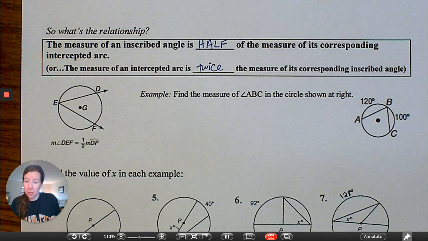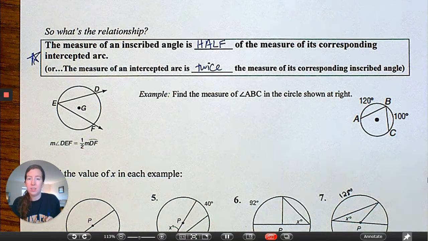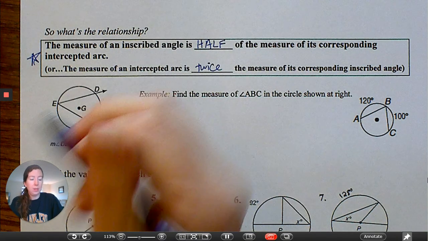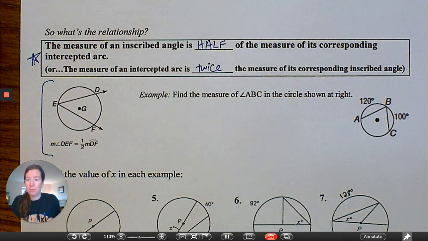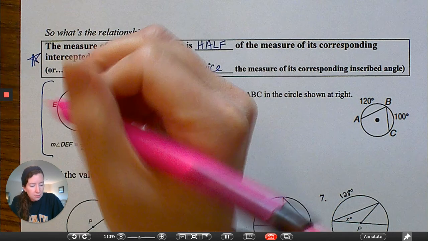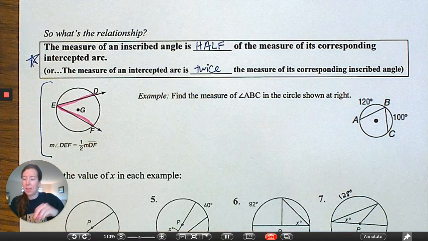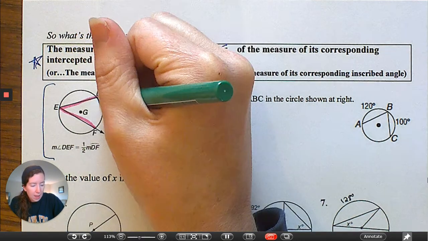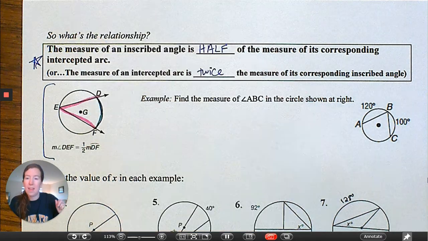So in your toolkit, I would add this information to the inscribed angle section, and I would include this picture to help you out. Okay, so you've got your inscribed angle, angle DEF, and whatever that angle measures, it's going to be half of the arc that it intercepts.